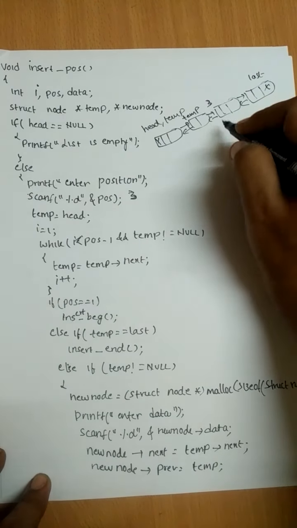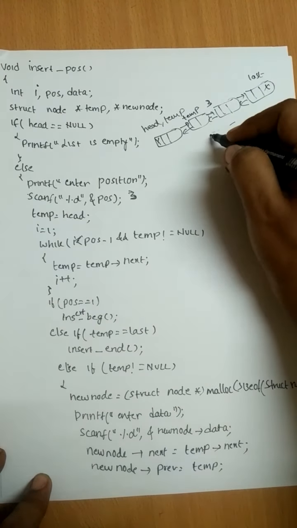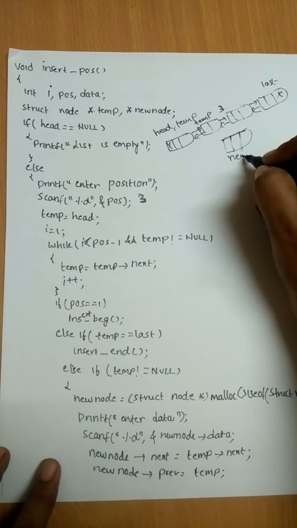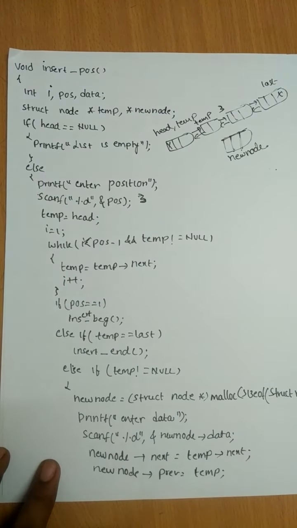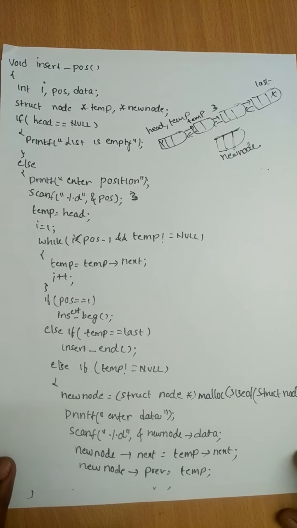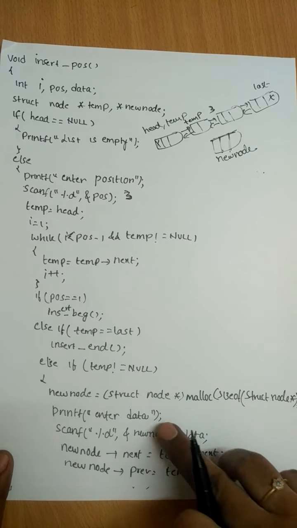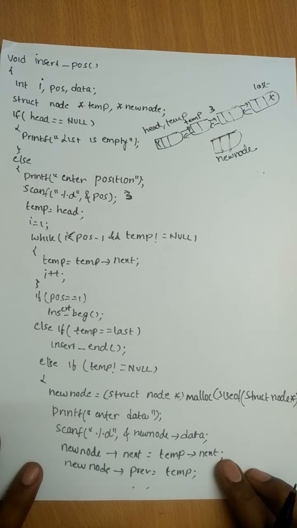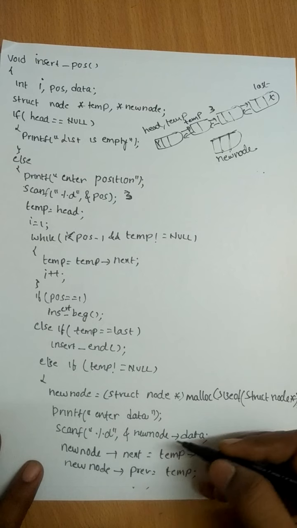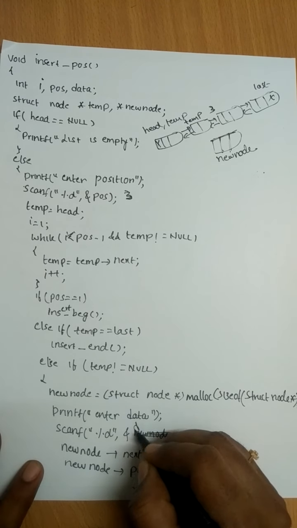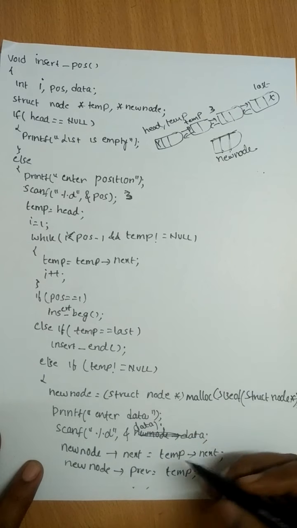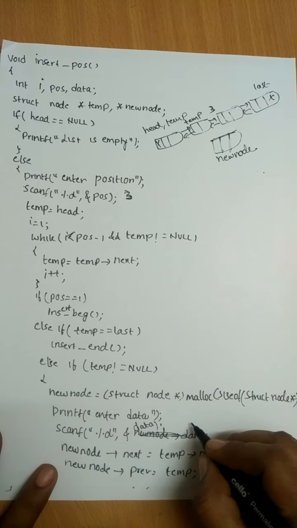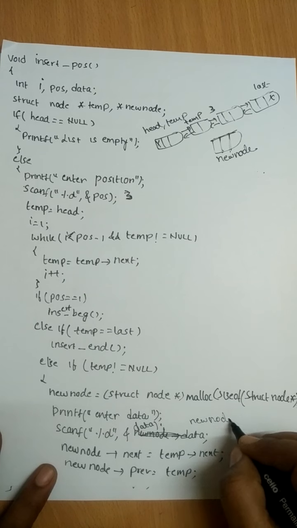So declare a new node and allocate memory for the new node by using the dynamic memory allocation concept, and read the data we want to insert. scanf percentage d, ampersand data, and place the data into the new node's data part.